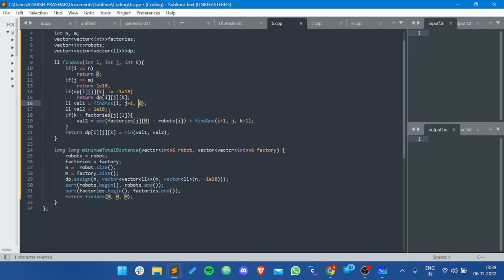And val2 is initialized with infinity, and if k is less than the limit of factories[j], which means we can process this robot on the current factory also, then that will be the distance between them plus the next robot also processed on this factory or after that. Now I am returning dp[i][j][k], which is the minimum of val1 and val2.